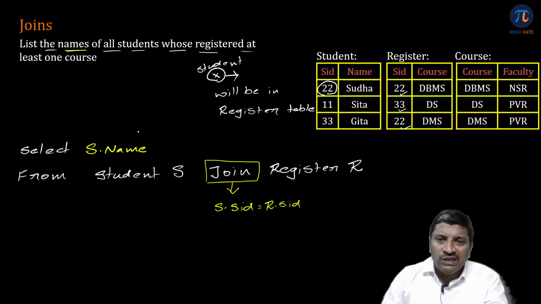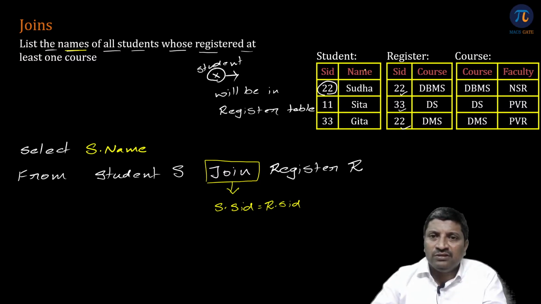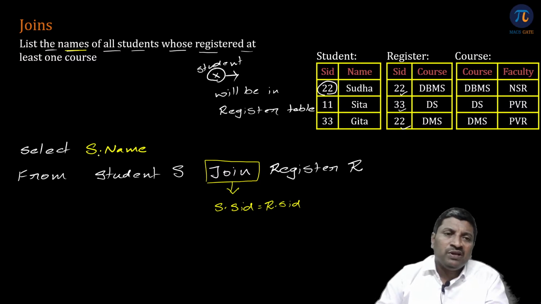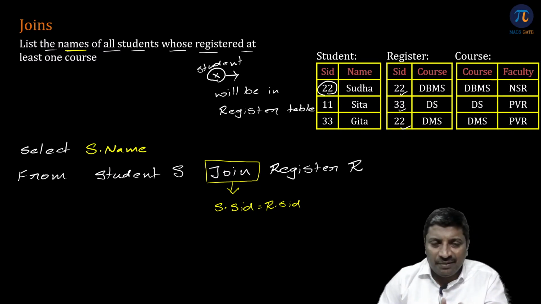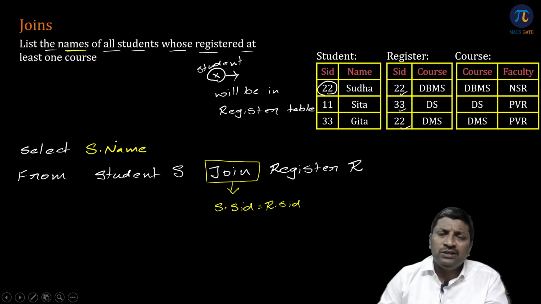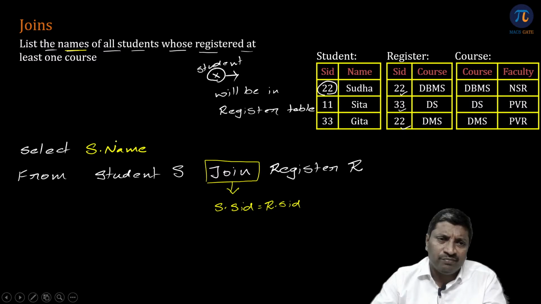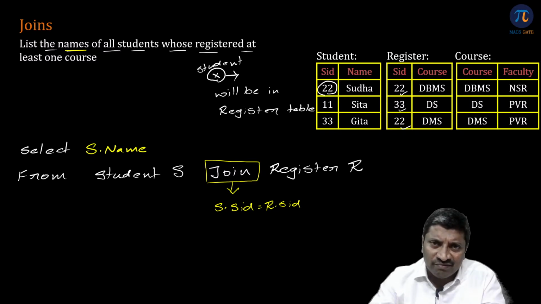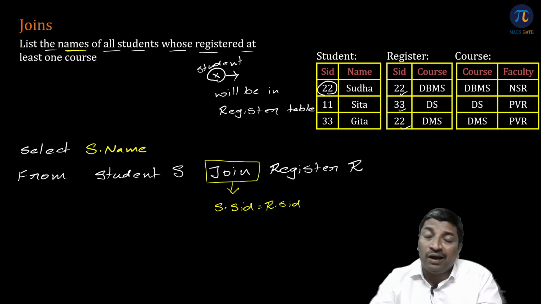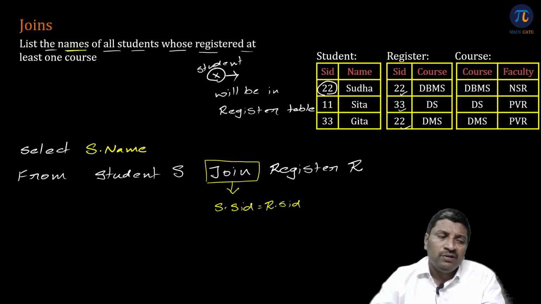And one more thing: if name appears only one time in these two tables, you can eliminate this S. Simply you can write name. But it is a good practice to write S dot name, because there is no problem even if you write it. It will give more clarity about which relation you are collecting the attribute from. Hope you understood it.